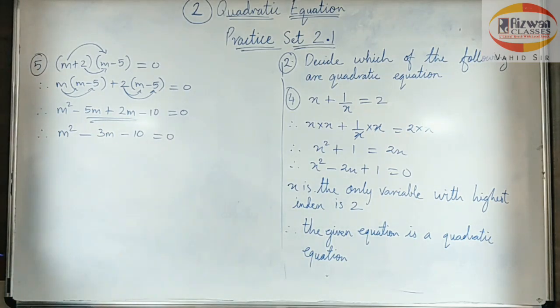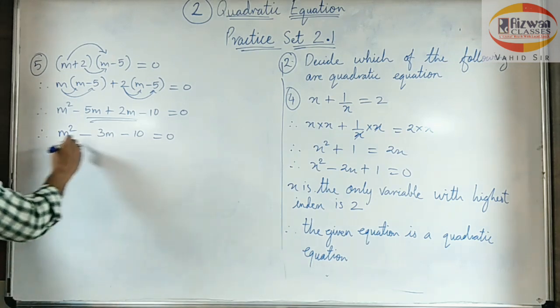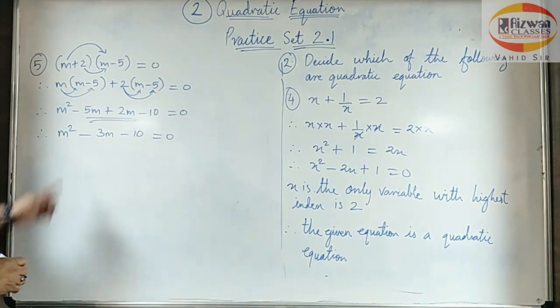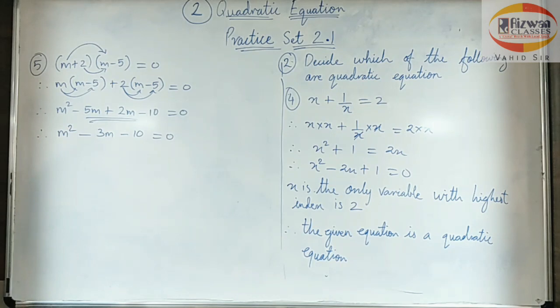Now I got it into the standard form. This is the equation, and you can see that m is the only variable, and the highest power that comes here is 2.